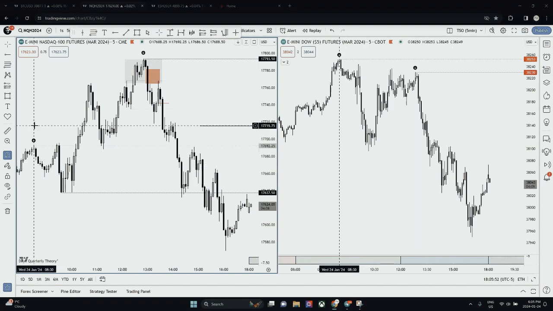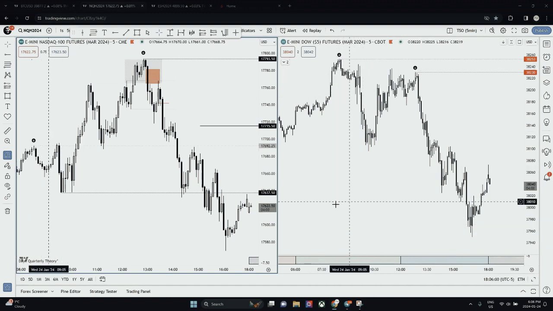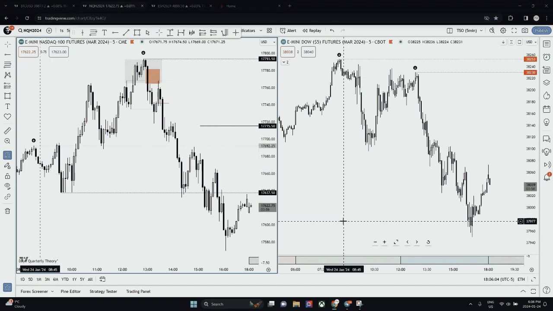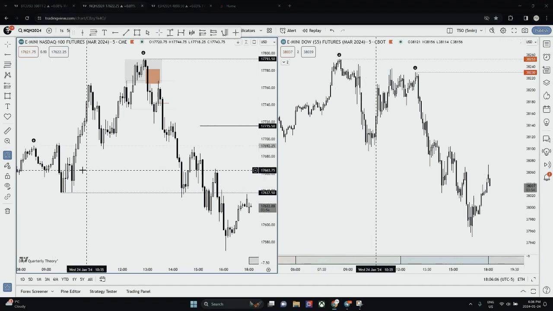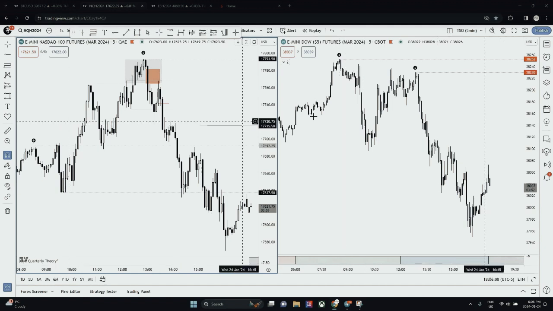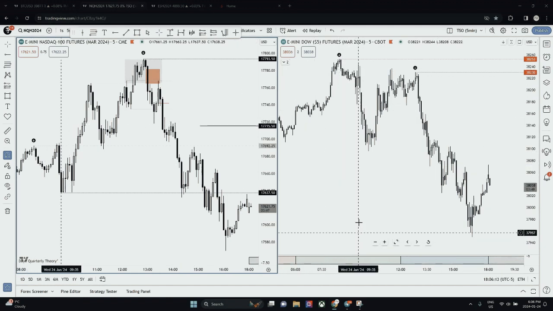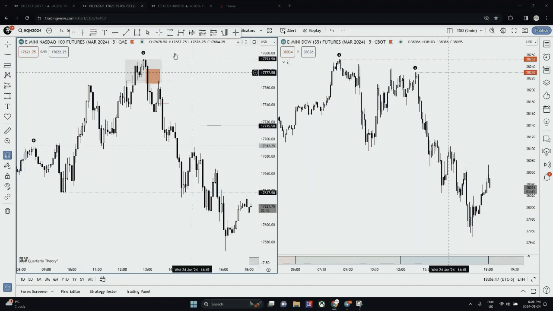So this lower high right here and this higher high formed at the same time during Q3, more specifically the New York session. They both formed during New York. This is actually fire.